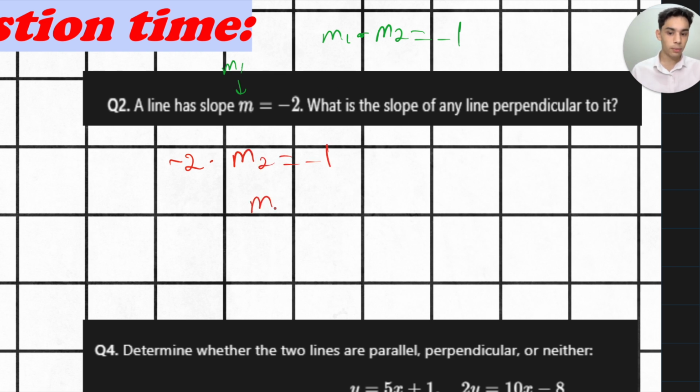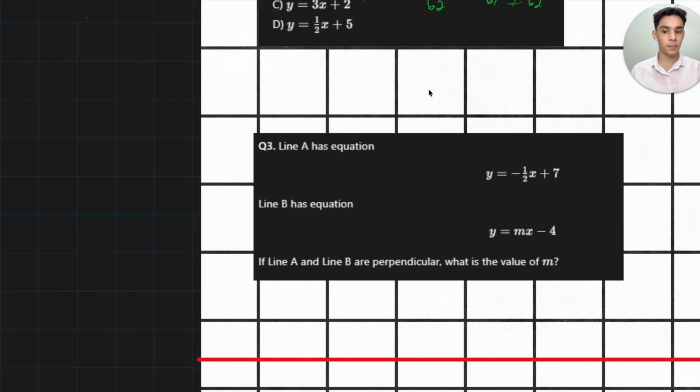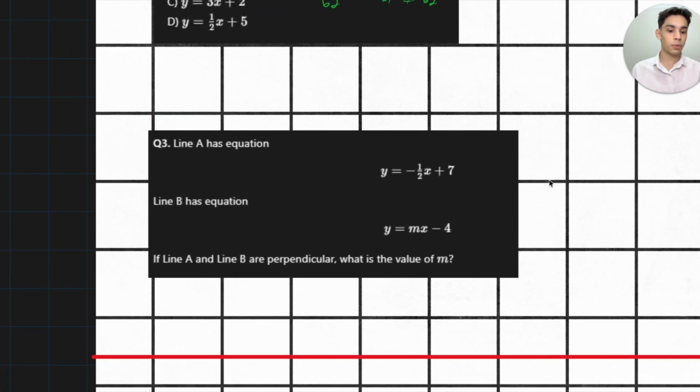So, m2 will equal, again, because I'm multiplying, when I move it to the right side, I will divide. It will be negative 1 divided by negative 2. We have two negative signs, they will just go away. We will be left with 1 over 2. That's it. Let's solve question number 3.